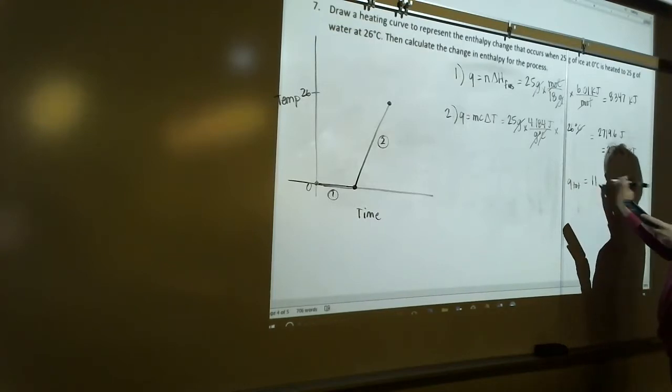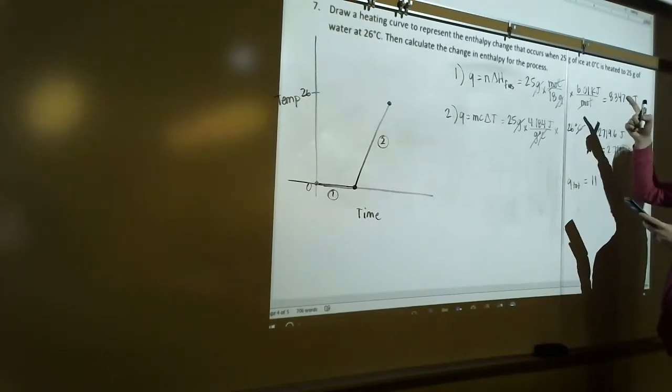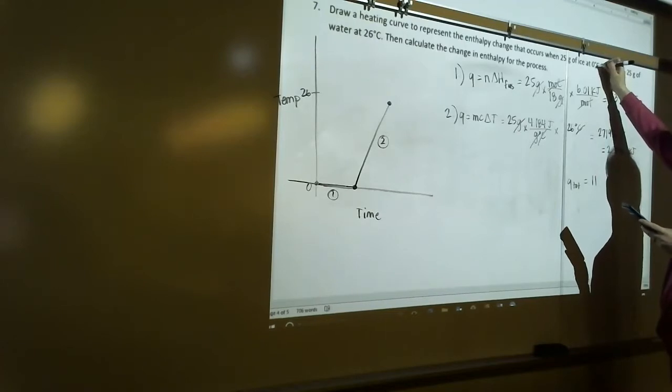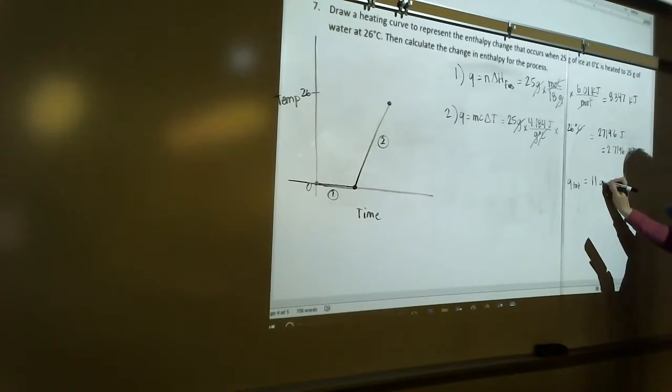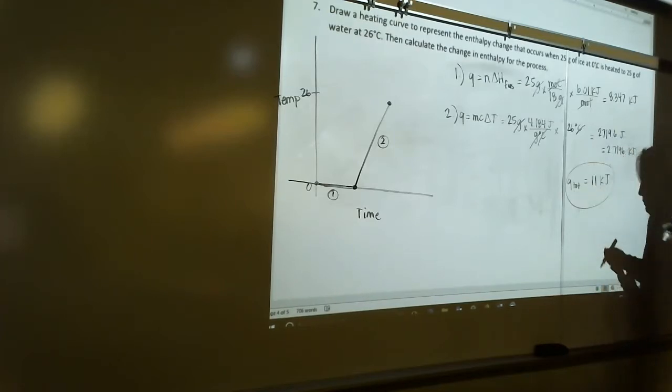So that would be 11. How many sig figs are we keeping? Well, technically we keep 1, but let's just pretend there's a 0.0 there, so I can have 2 sig figs. 11 grams. Oh, not grams. Kilojoules. Do we agree?